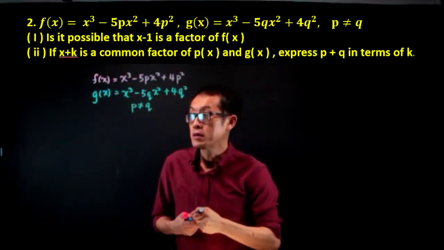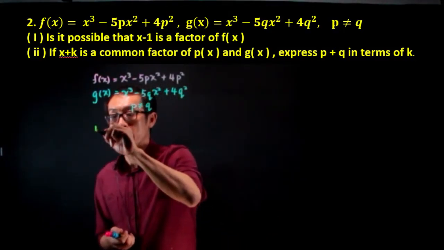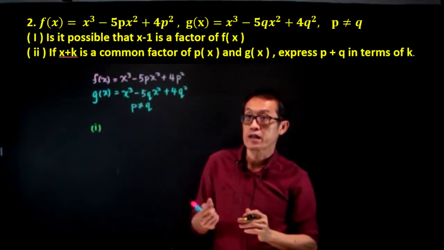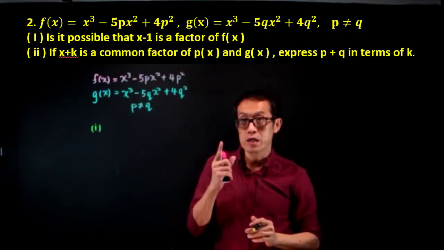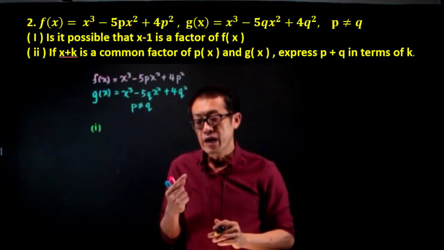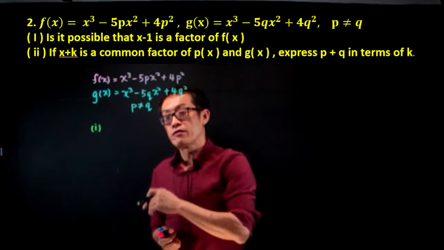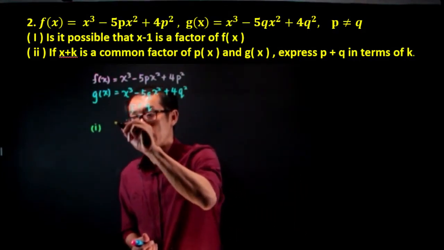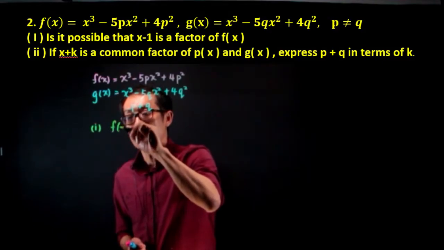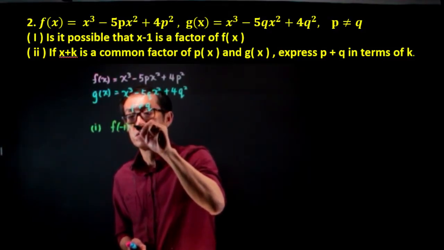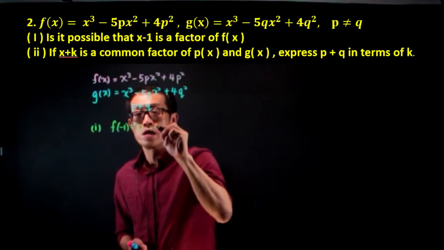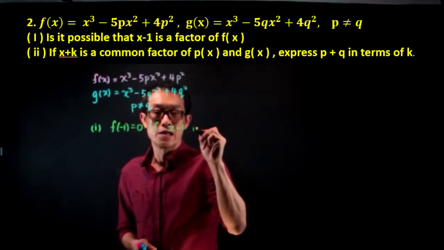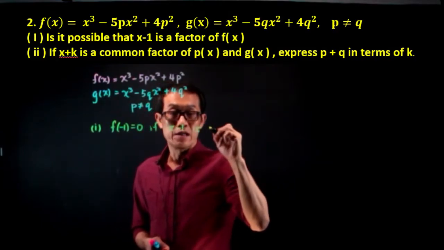Now part 1, they are asking whether x minus 1 can be a factor of f of x. Now if x minus 1 is a factor of f of x, you will find that it is possible for f of 1 to be equal to 0 if x minus 1 is a factor.